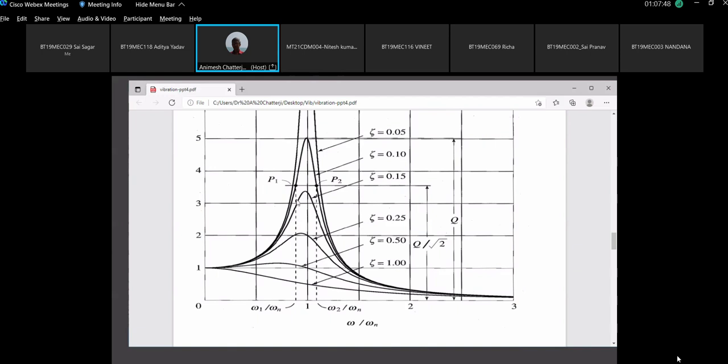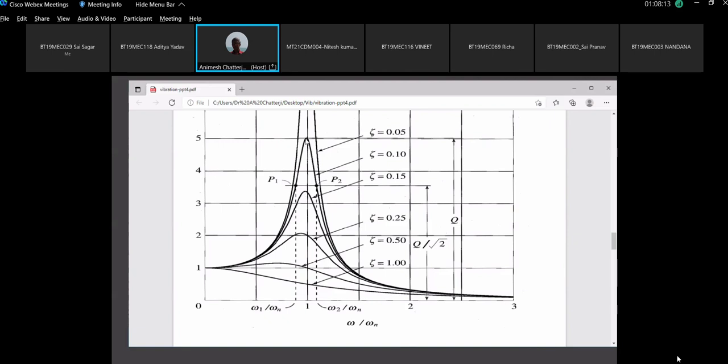Means, first of all, if damping is there, the maximum value will be large but not infinitely large. And the maximum value will not occur at omega equal to omega n. It will occur slightly before, at omega equal to omega n into square root of 1 minus 2 zeta square.